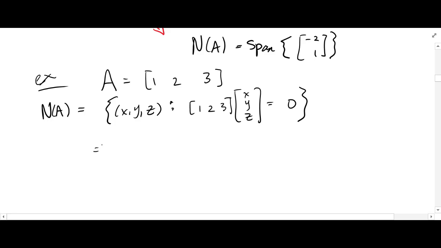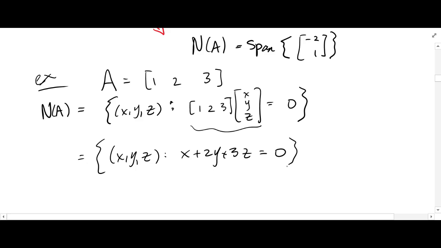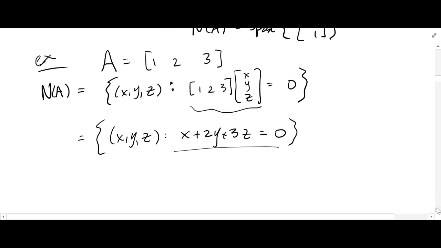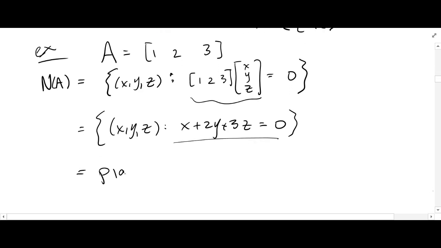If you perform this multiplication, you get x plus 2y plus 3z equals 0. This equation describes a plane in R3. So this is the plane x plus 2y plus 3z equals 0 in R3.